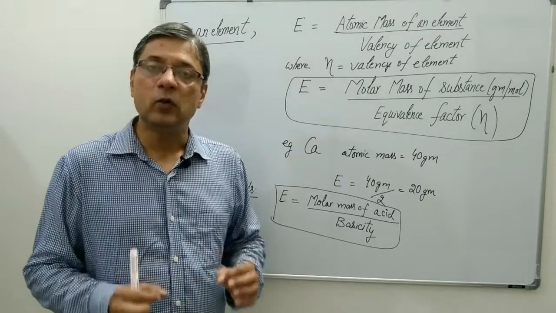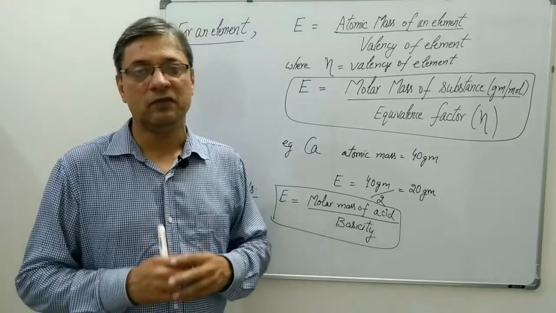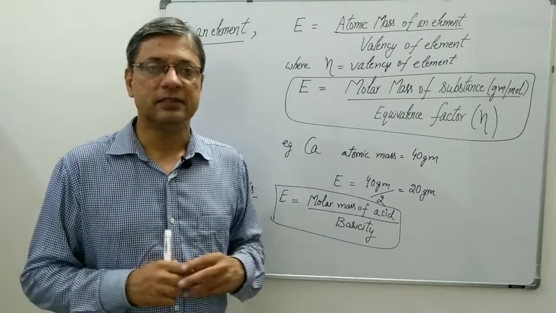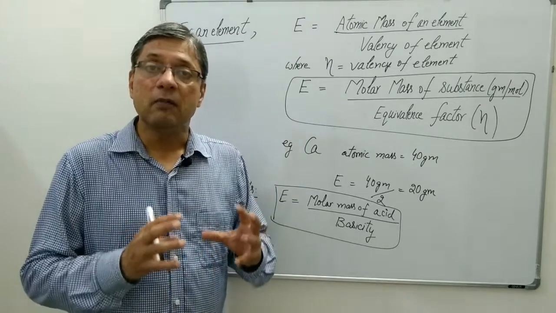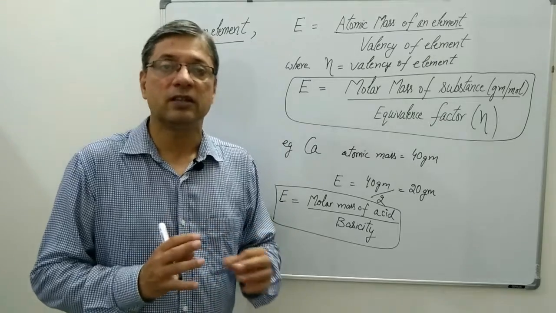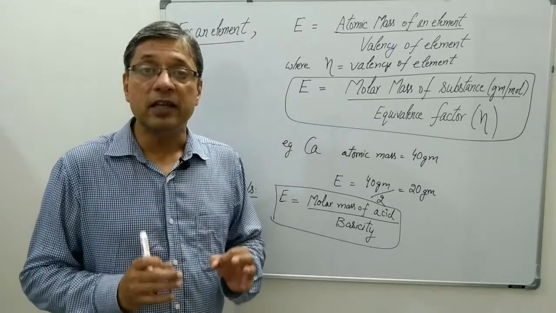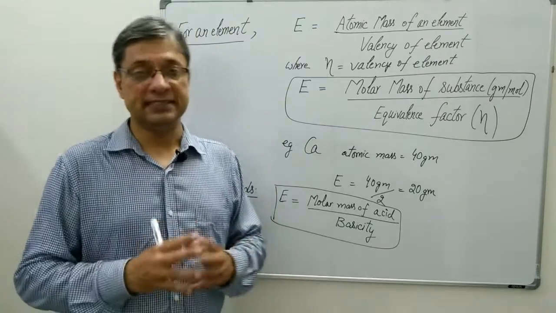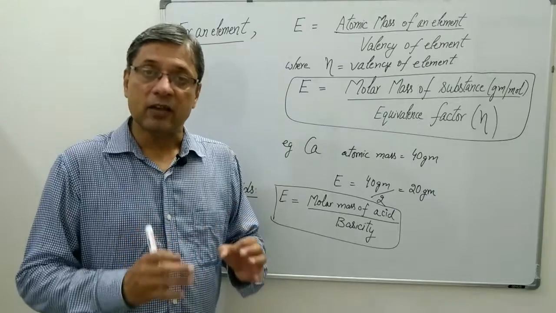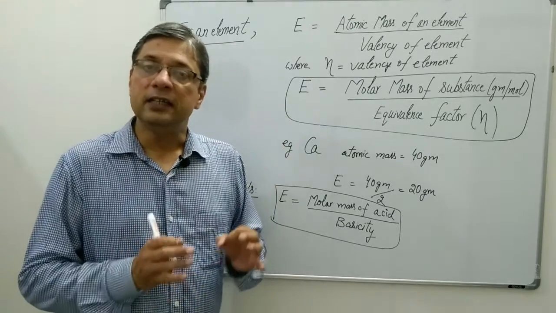Here the equivalence factor will be equal to the basicity of the acid. Now what is basicity? Basicity is the number of H positive ions released by a molecule of acid in an aqueous solution when it dissociates.